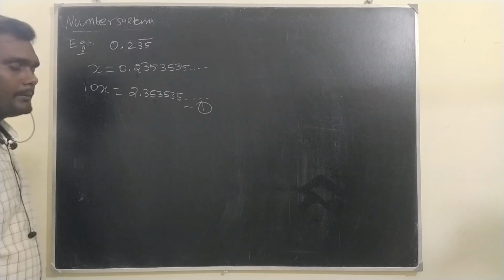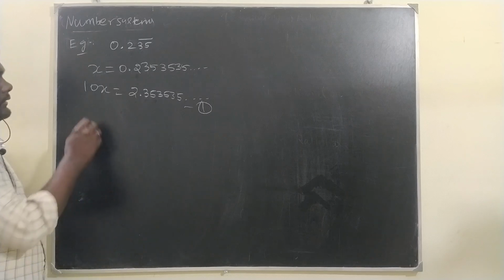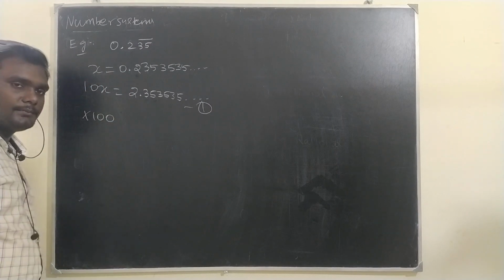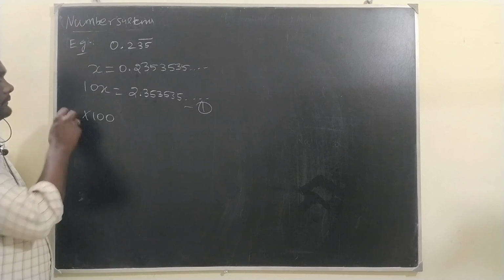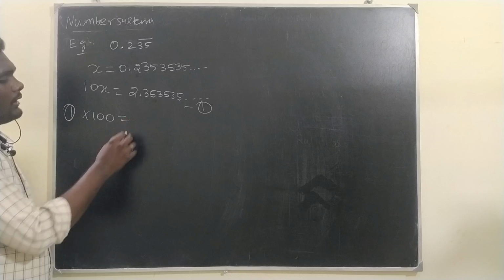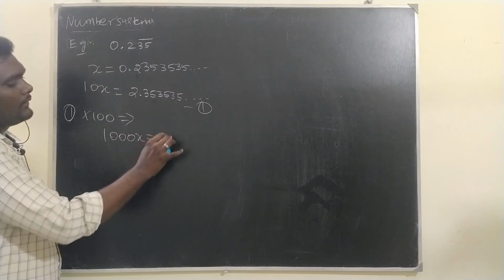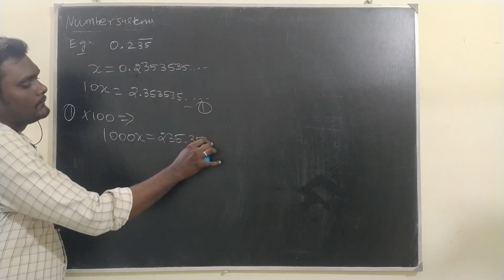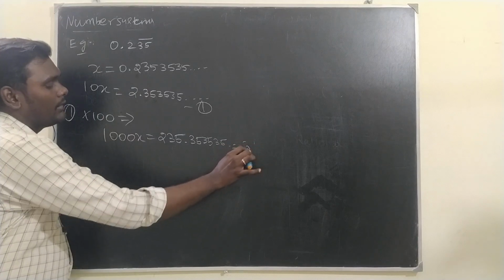So we multiply by 100. Multiply 100 with which equation? The second one. So equation 1 times 100 gives 1000x equals 235.353535 and so on. That is our equation 2.